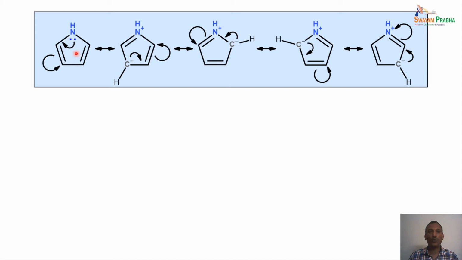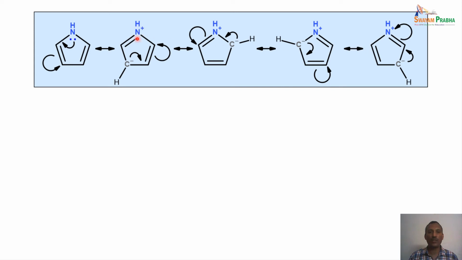This compound can also undergo resonance, as shown here. The lone pair on the nitrogen can be shifted to this adjacent bond, and this double bond is shifted towards this particular carbon. So an anion is generated on this carbon. In the same way, the resonance can be drawn for the entire molecule.